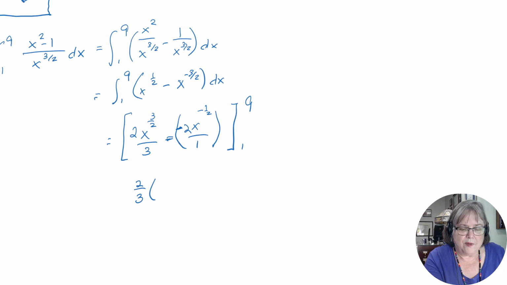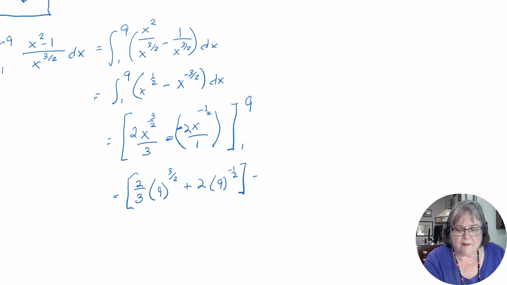I put 9 in there to the 3/2, and this minus makes plus 2. Put the 9 in there to the minus 1/2. Now that's just the 9. And then I'm going to subtract 2/3, put the 1 in there, plus 2, put the 1 in there.